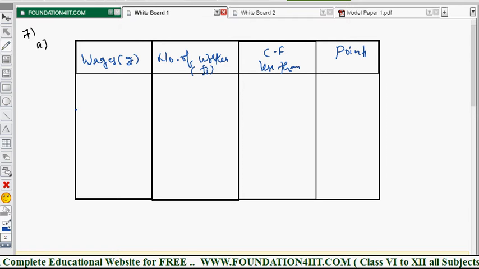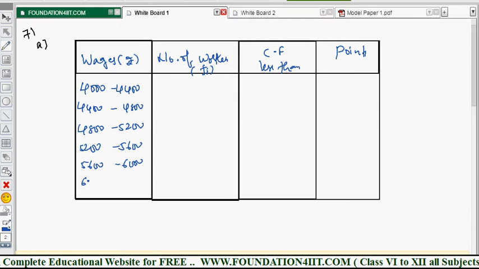So the data is given: 4000 to 4400, 4400 to 4800, 4800 to 5200, so 400 is the extension, 5200 to 5600, 5600 to 6000, and 6000 to 6400.